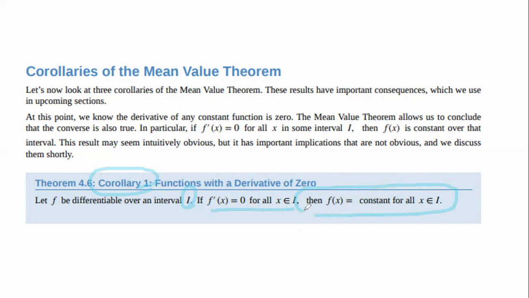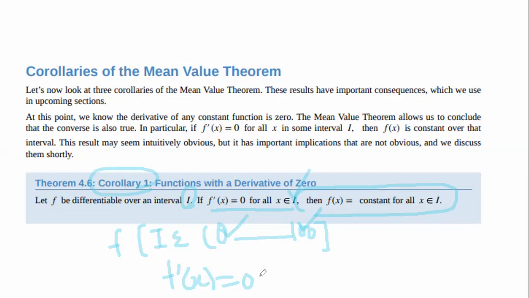Let us say my function is differentiable on interval I, where interval I goes from 0 to 100. If f derivative of x equals 0 for all x, that is, it is 0 for 0 to 100, then f of x equals a constant.